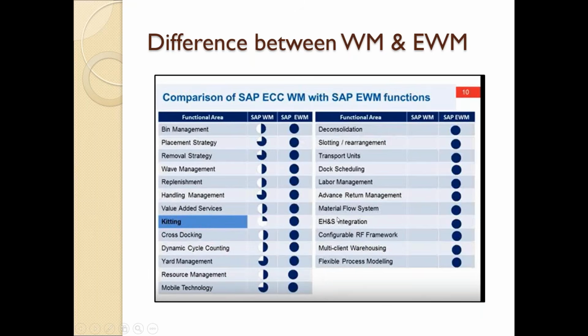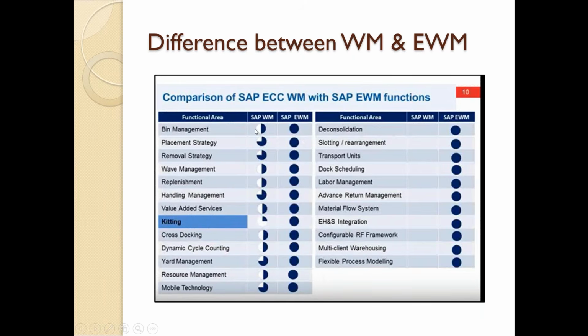Returns management and MFS, the material flow system. But we cannot have the material flow system in any of the ERP systems, because it needs to be integrated with third party tools, with PLCs and all that. Then EHS integration and the configurable RF framework. These are all the functionalities we have in EWM.